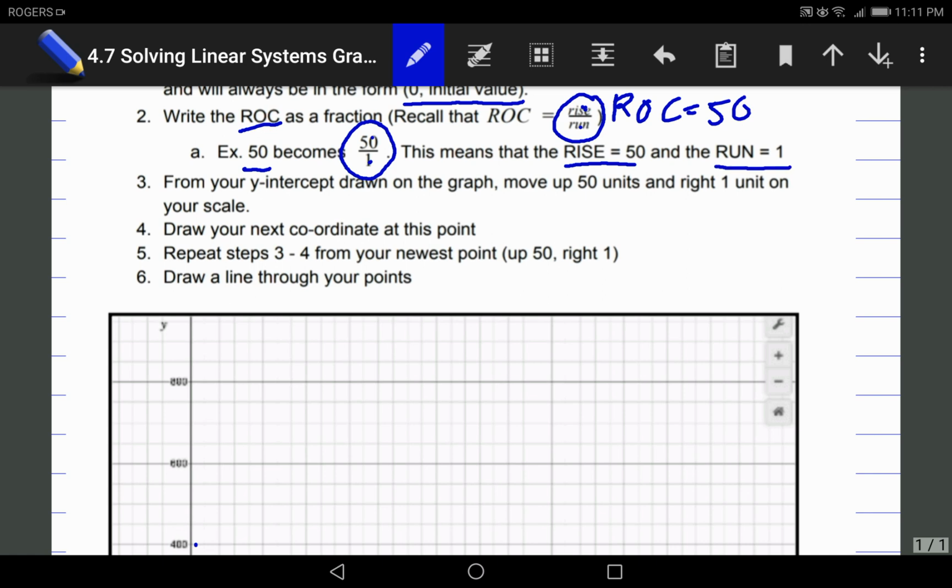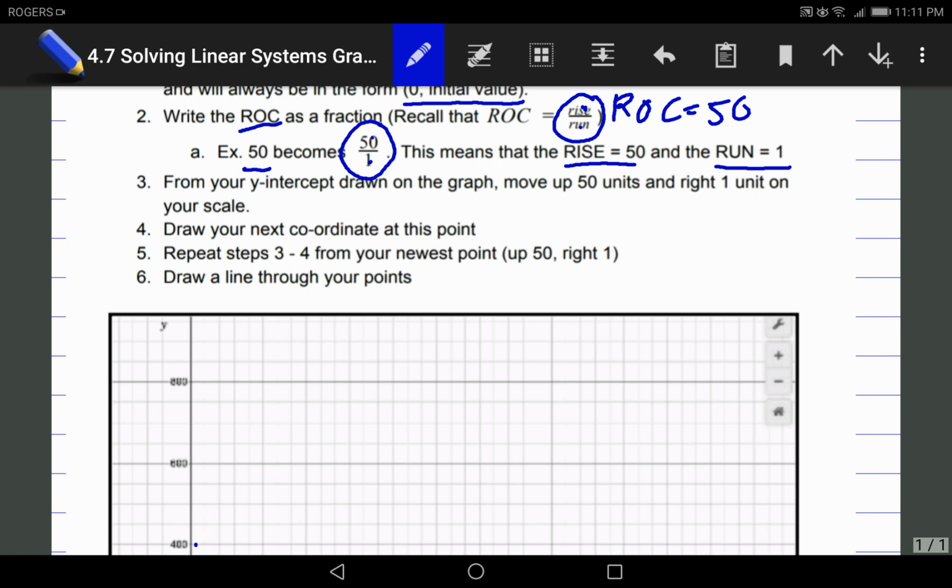So basically what that's saying is that I am going up 50, a rise of 50, and then right 1 unit because my run is 1 unit. So I go up 50 units, right 1 unit. That's my rate of change. That's how the points are changing in my graph. Okay? So how does that look like on an actual graph?